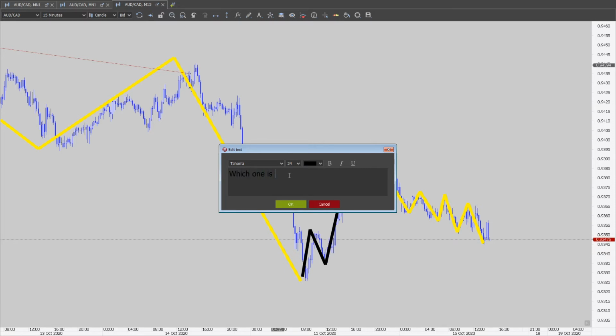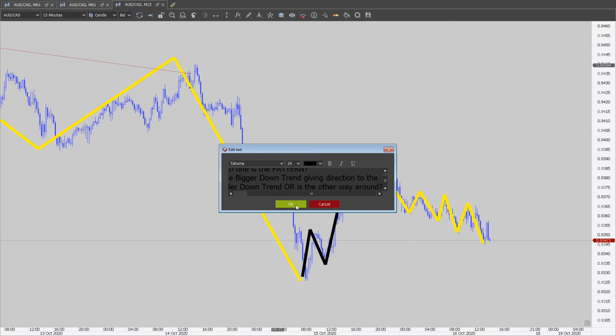Which one is the pattern? Is the bigger downtrend giving direction to the smaller downtrend, or is it the other way around?